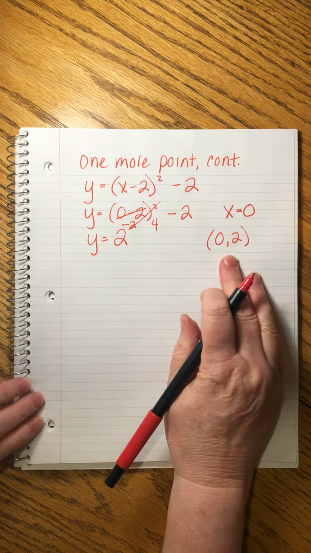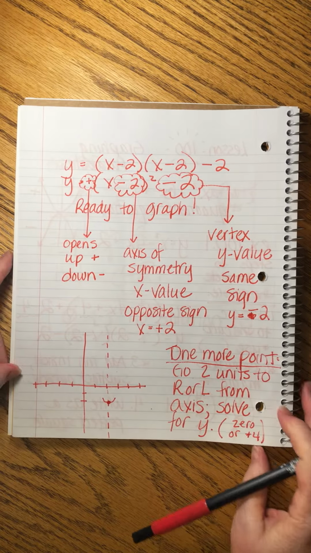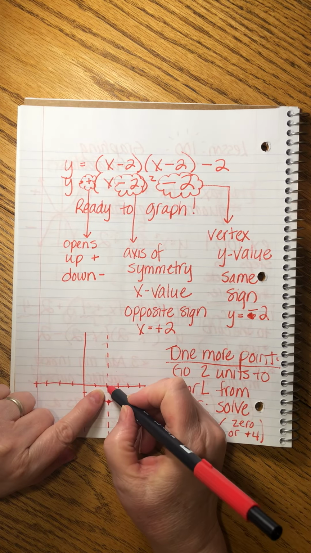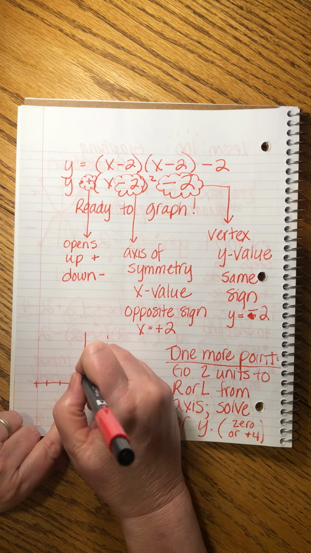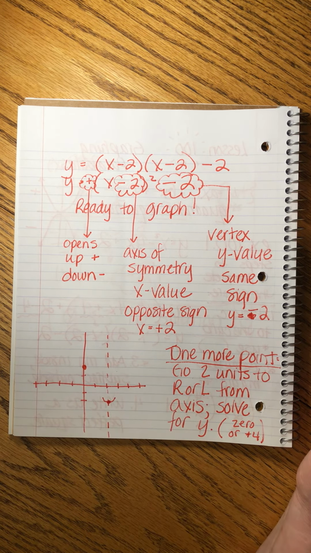All right? So now I take this back to my picture and go, okay, I know that 0, 2 is another point in my parabola, right? Now, here's the thing.